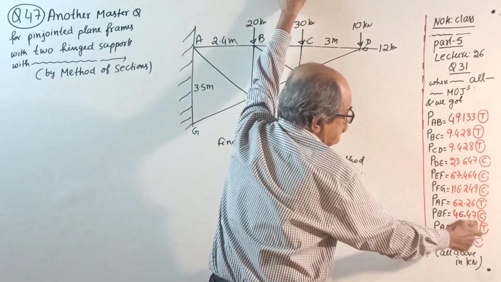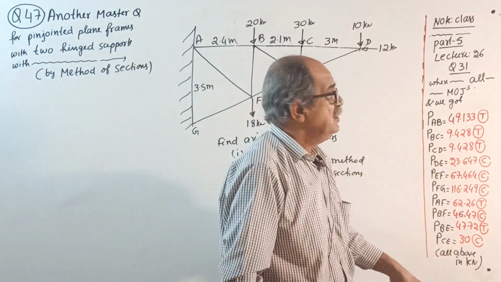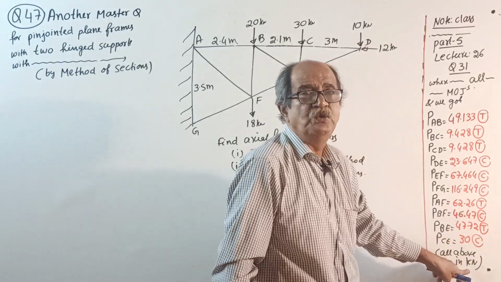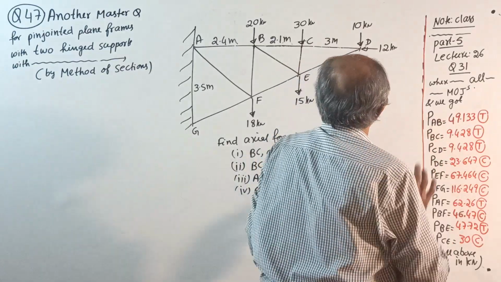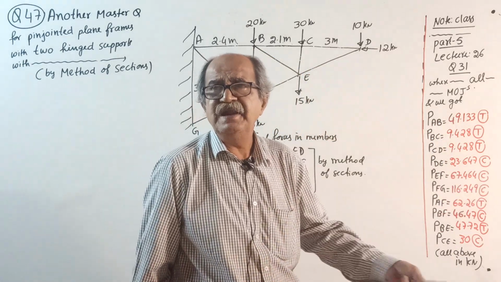These are the answers we got. T means tension, C means compression. All the above values are in kilonewton. Make a note. Those who want can go back, solve and get the answer.